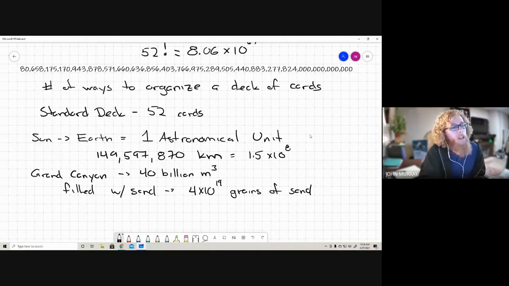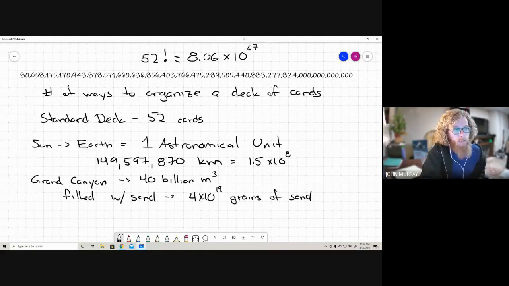That number is nowhere near as large as 8.06 times 10 to the 67. It's not even comparable. It's like comparing Jeff Bezos' bank account to my bank account. It's unfathomable. And that's something I think is really cool.